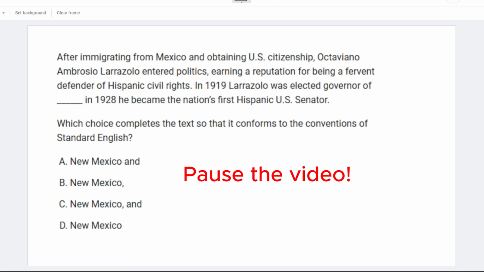Alright, I have another question for you to practice your FANBOYS. Alright, let's read it. After immigrating from Mexico and obtaining U.S. citizenship, Octaviano Larrazolo. First, the tip I have for you is if there are long names that you haven't seen, try to either make them shorter or just skip them. So let's say he entered politics, earning a reputation for being a fervent defender of Hispanic rights.